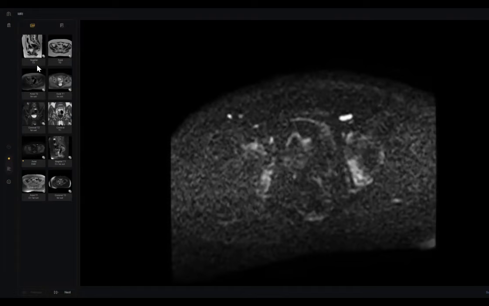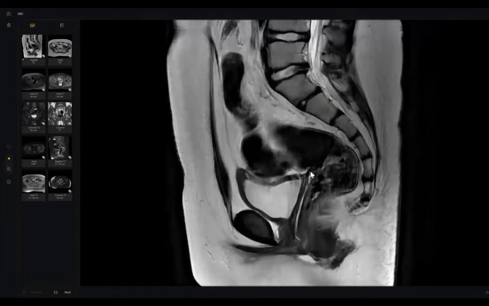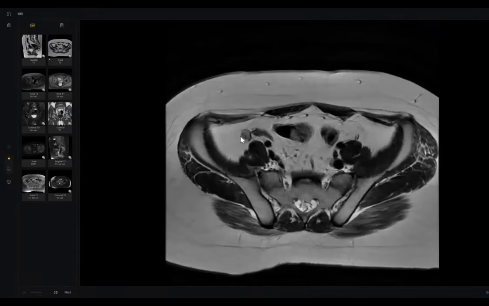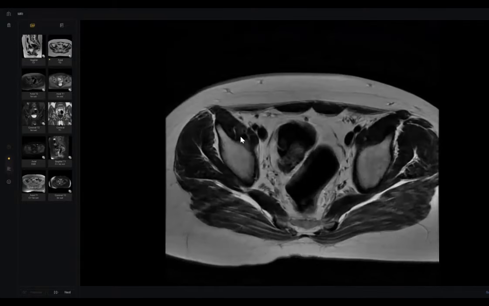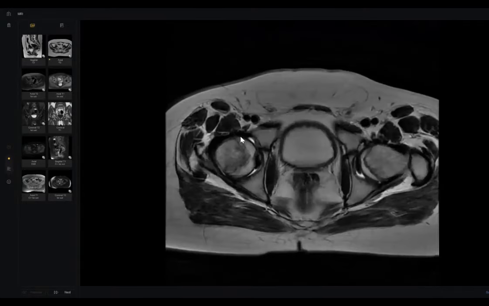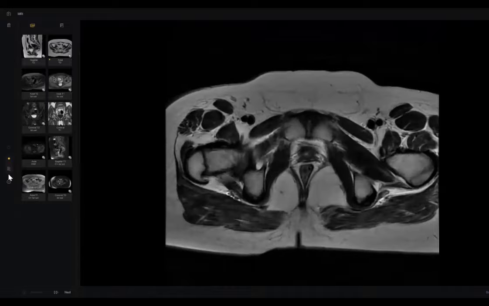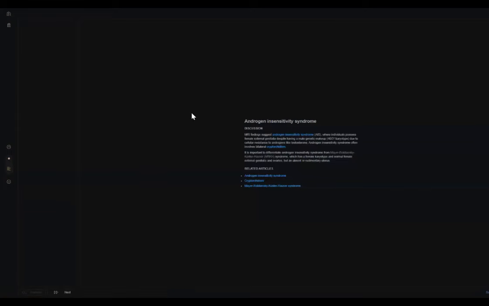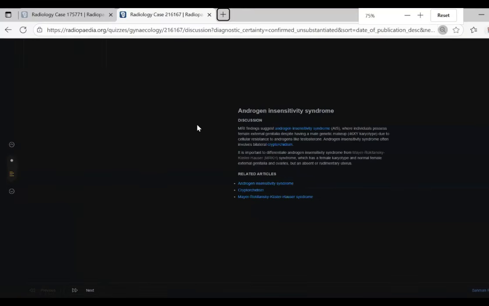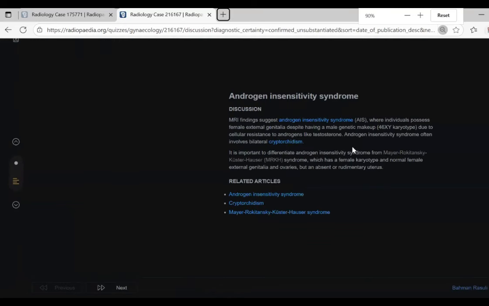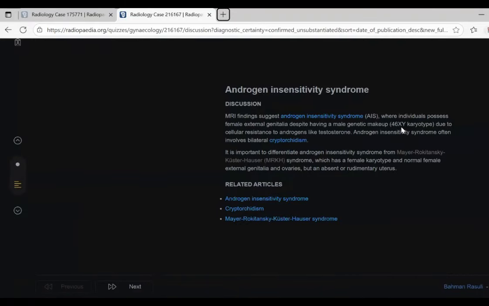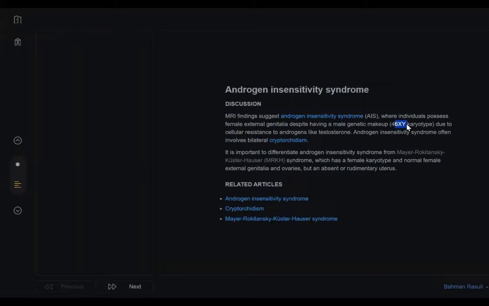What is the name of this syndrome, in which we didn't see the uterus, cervix and the upper part of the vagina, and both ovaries are not seen? See, this is androgen insensitivity syndrome, XY karyotype.